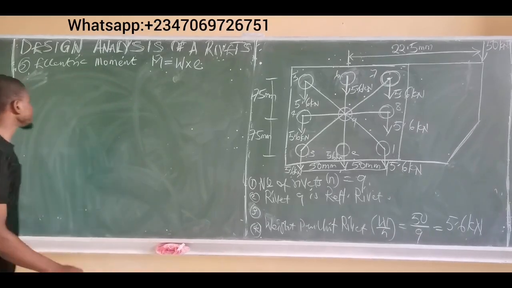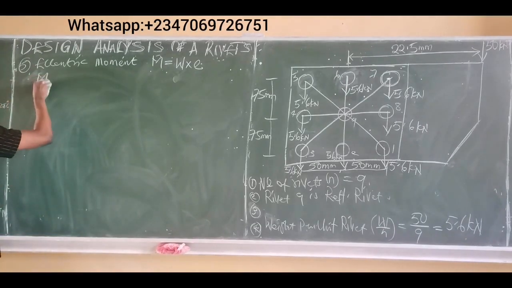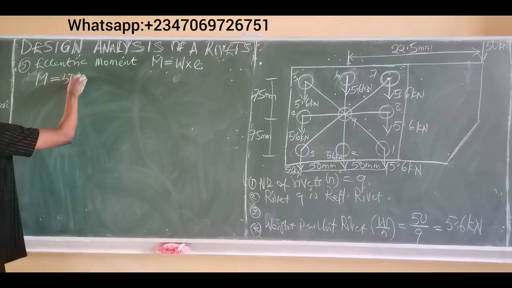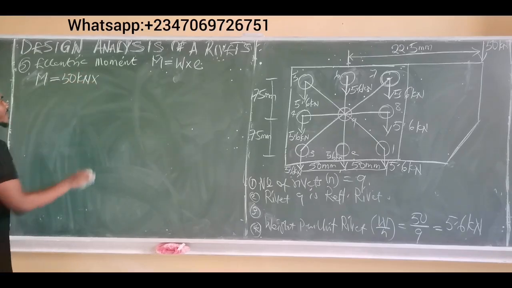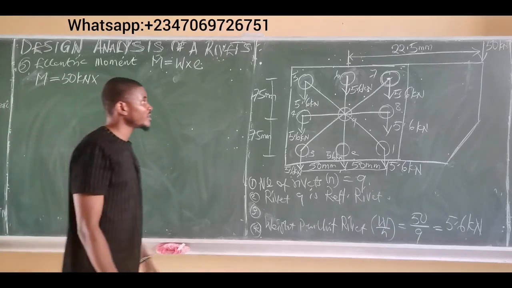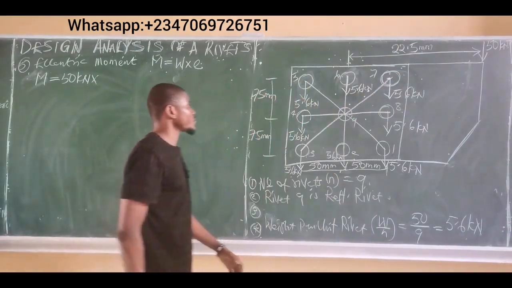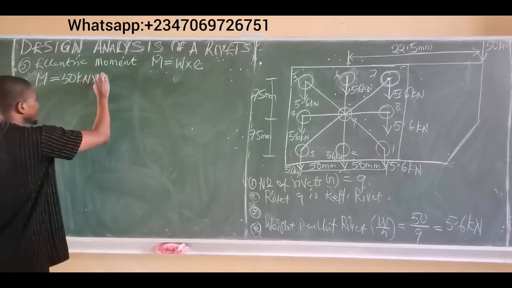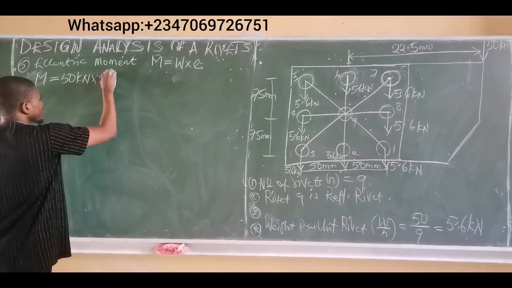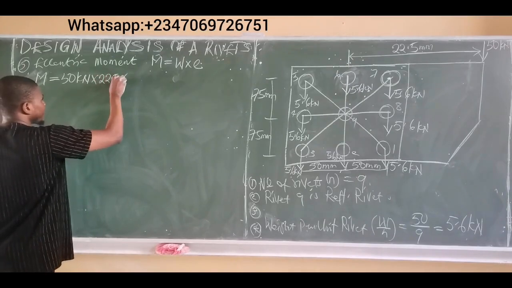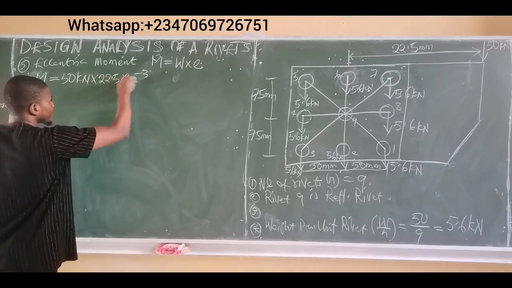So moment is equal to the load itself, 50 kilonewtons, multiplied by the eccentric distance, 22.5 millimeters. You can as well convert that to meters, so this becomes 22.5 by 10 to the power of minus 3.